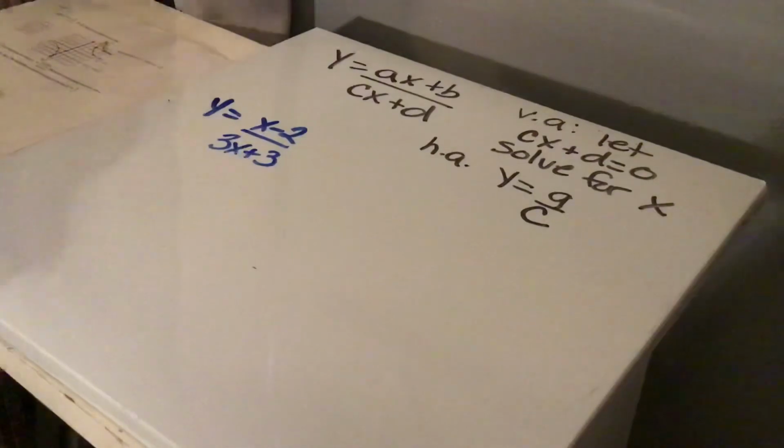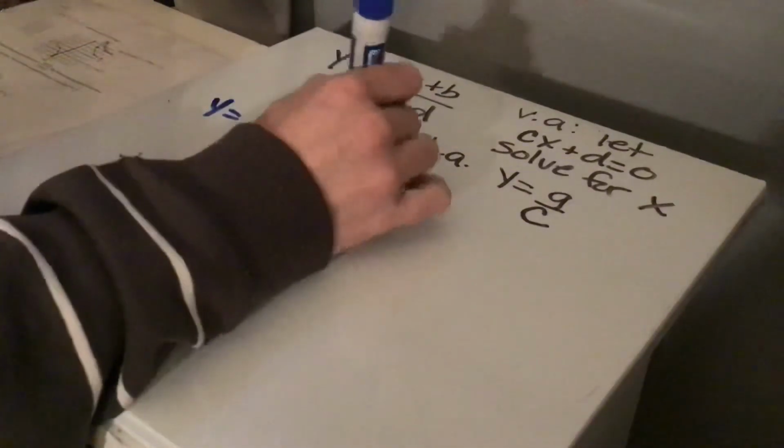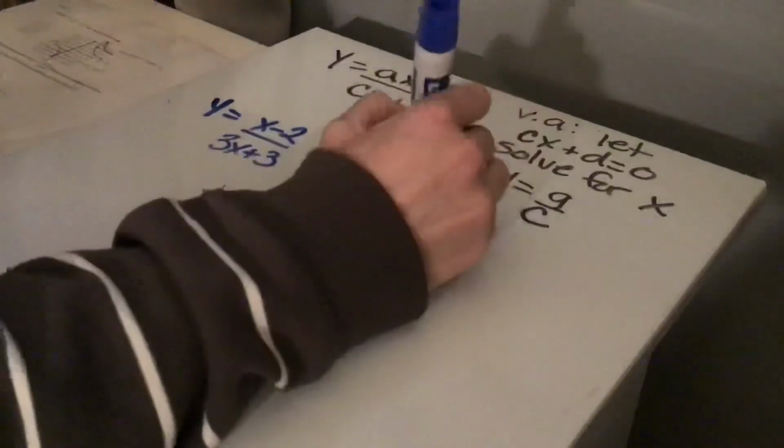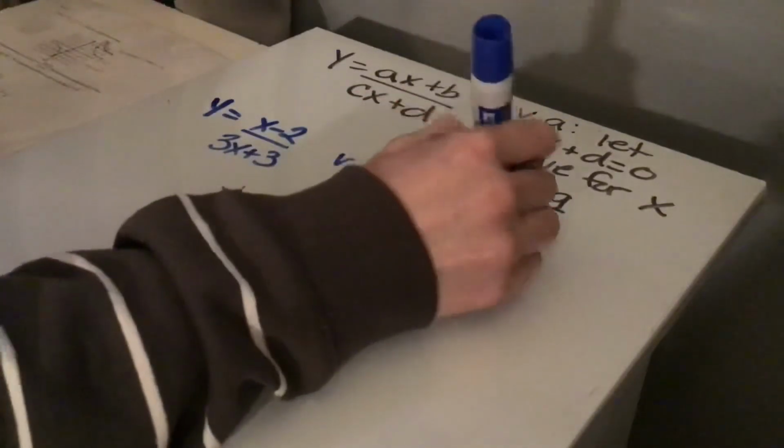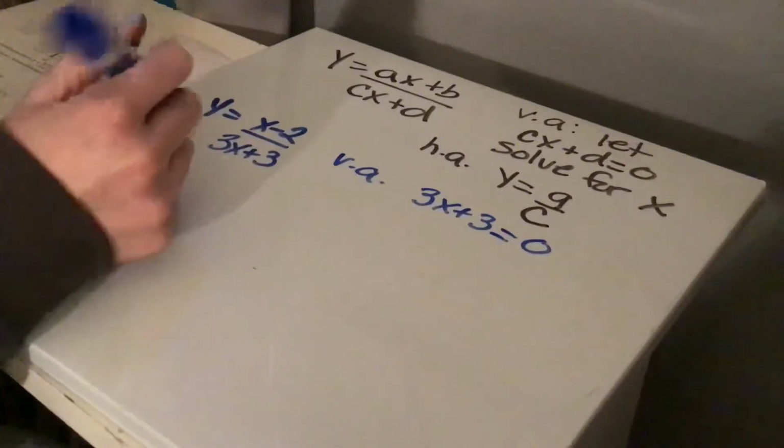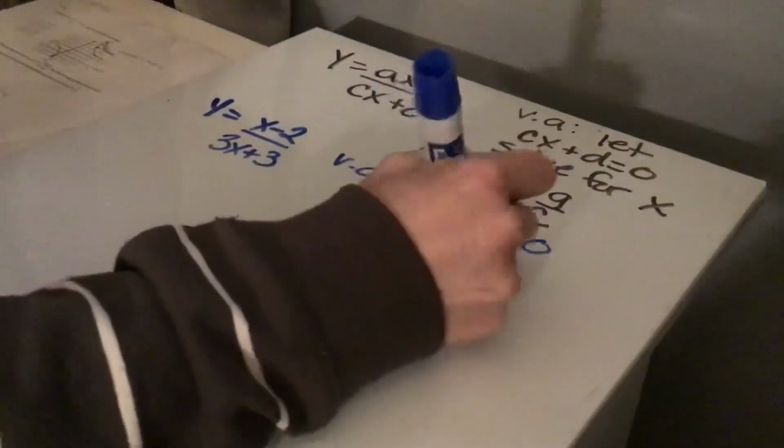Oh, domain and range. I forgot that on the last one. Okay. So domain, what can go in, range, what can come out. So we're going to find our vertical asymptote first. So our denominator is 3x plus 3. It can't equal 0. So we're going to figure out what x value makes it 0. 3x equals negative 3. x equals negative 1.